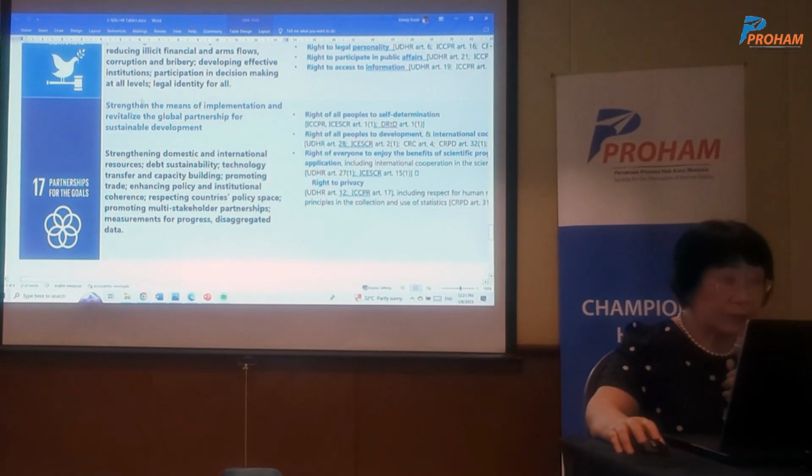And finally, SDG 17, to strengthen means of implementation and revitalize global partnership for sustainable development.